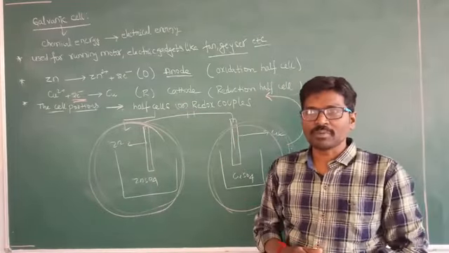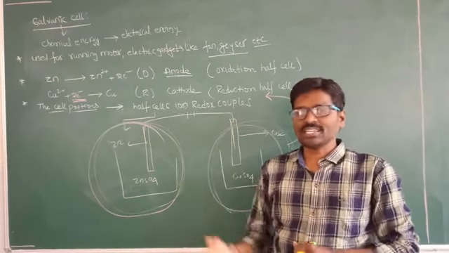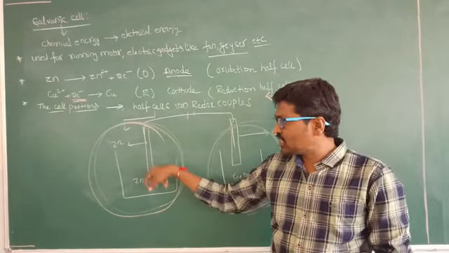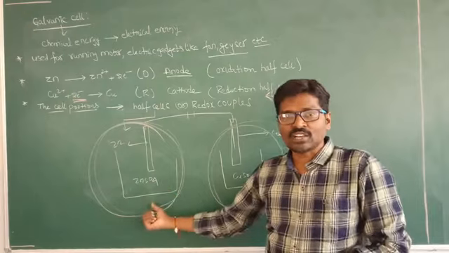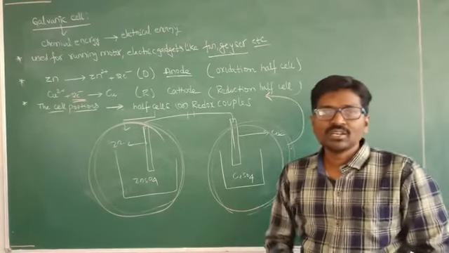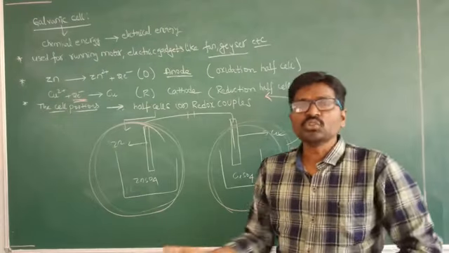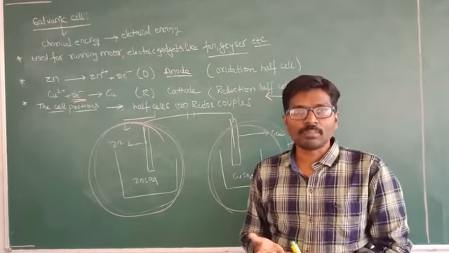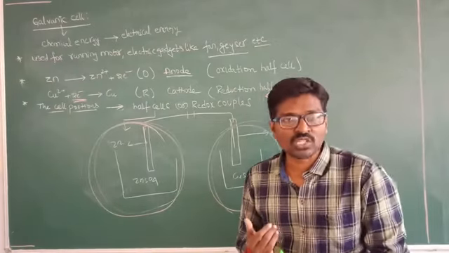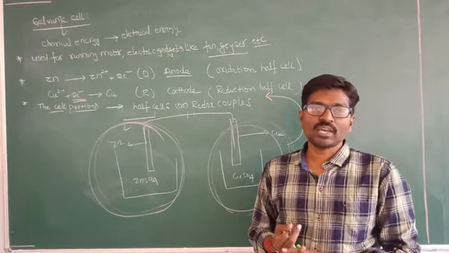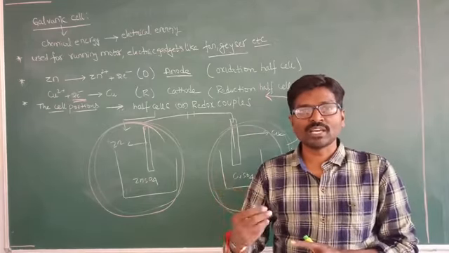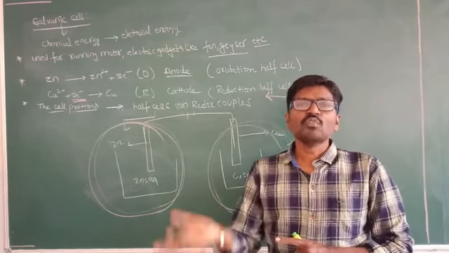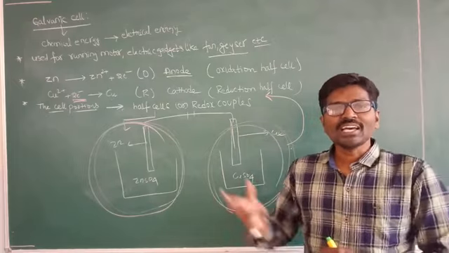Now the point you have to remember: in the Daniel cell, mostly we consider a zinc rod and a copper rod, placed in zinc sulfate solution and copper sulfate solution. Like that, we can also use different types of electrodes. Copper we have already used. Silver we can use, gold we can use, even sodium, magnesium, like that. By taking different types of metal electrodes, we can construct a large number of galvanic cells.